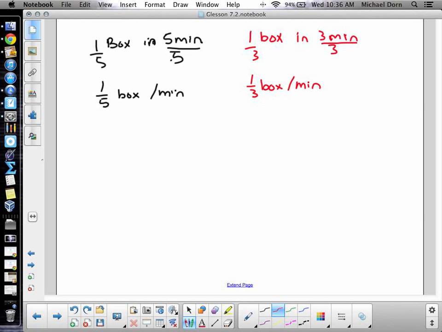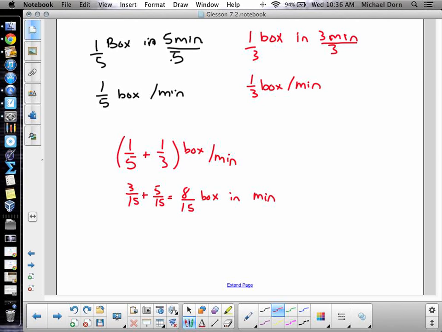If they work together, they get 1/5 plus 1/3 of a box per minute. To add, we need a common denominator. So that's 3/15 plus 5/15, so it's 8/15 of a box in 1 minute.